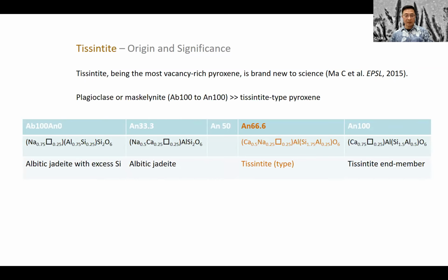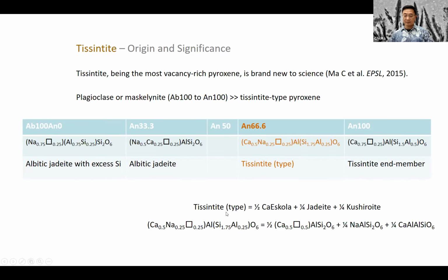Plagioclase or maskelynite with compositions from albite to andesine may be shocked into tissintite-type pyroxene by impact events. So the type tissintite is here.